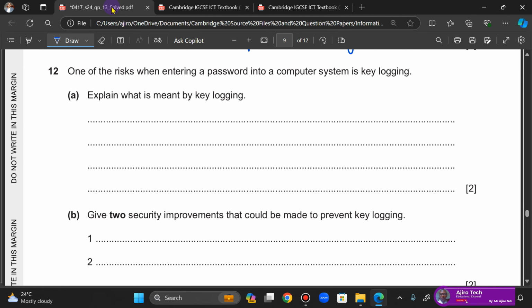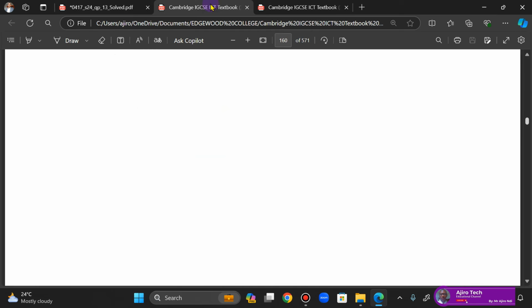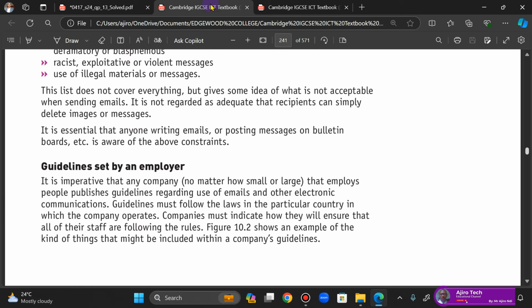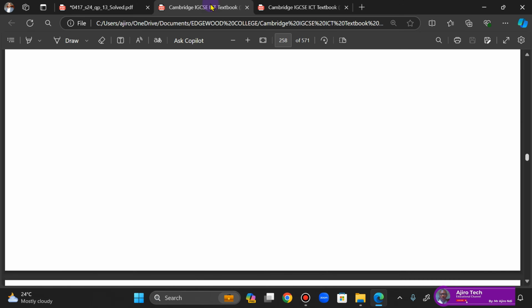One of the risks when entering a password into a computer system is key logging. Explain what is meant by key logging. Now, you're going to see this in chapter 8, under data threat.